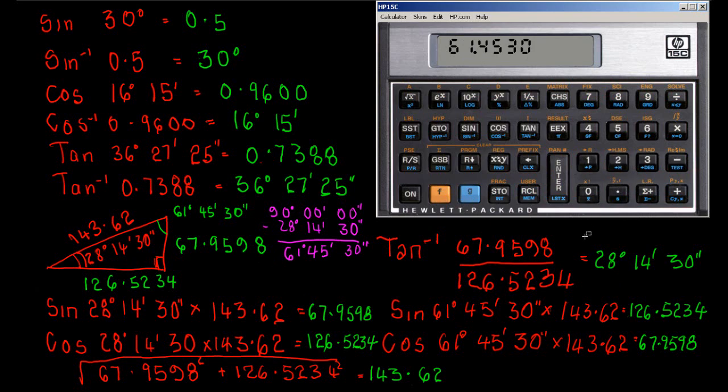So there you go, 61.4530. So the old noggin's still working. I did that in my head actually, and then just realized when I was going through the video that I could do it on the calculator.